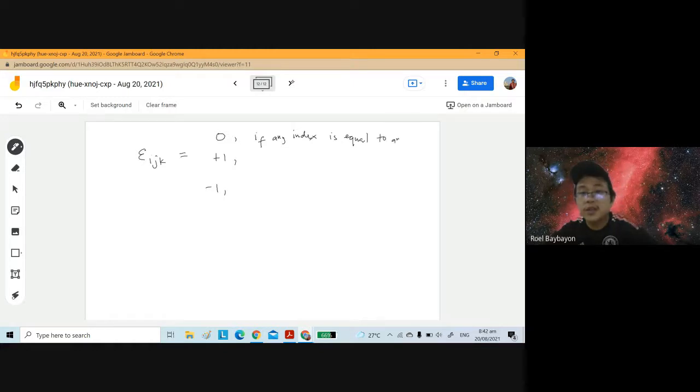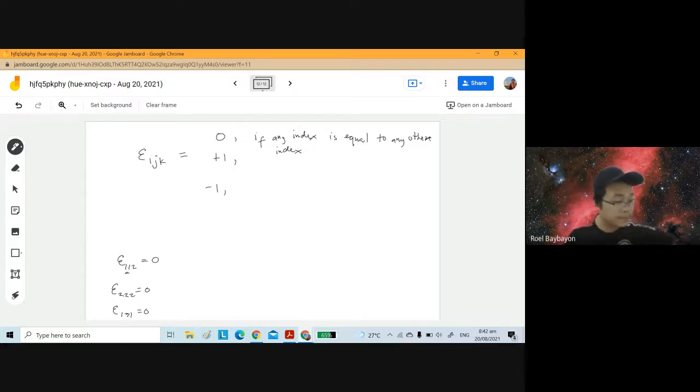If I have E112, then this is equal to 0, because two indices are the same. If any two indices are equal, then automatically your epsilon IJK is 0. So E222 is also equal to 0, and E131 is also equal to 0. Basically, if any index is equal to any other index, then EIJK is equal to 0.